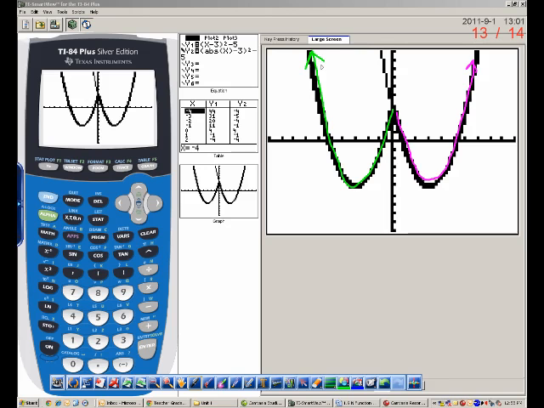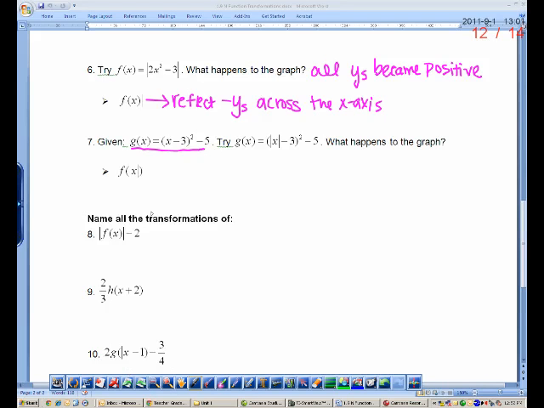So, absolute value of just x has two parts. The first part is to throw out all your negative x's. Throw out all negative x's.